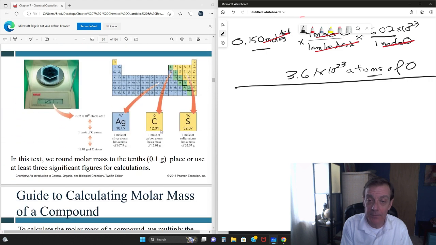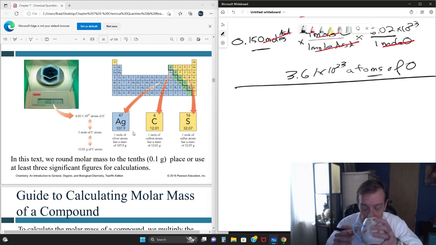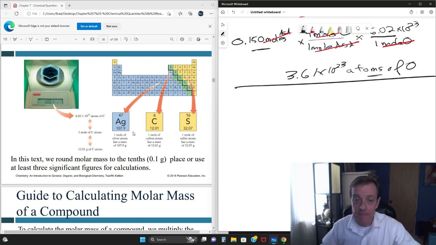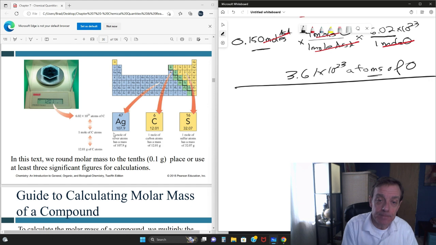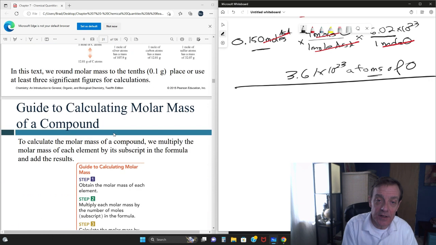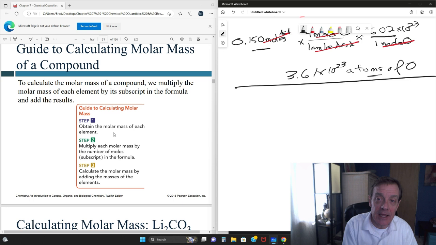Silver, same thing. Carbon, sulfur, that bottom number. They're all to 4 significant figures, to help us in our calculations. Molar mass is the number of grams in a mole of that atom.